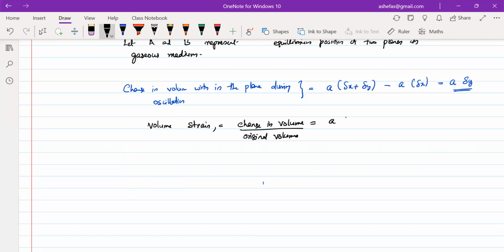The change in volume is A times delta y, and the original volume within A and B is A times delta x. So that would be delta y by delta x. Okay, so when delta x tends to 0, that is, if the separation between A and B is very small, then the volume strain can be written as dy by dx.